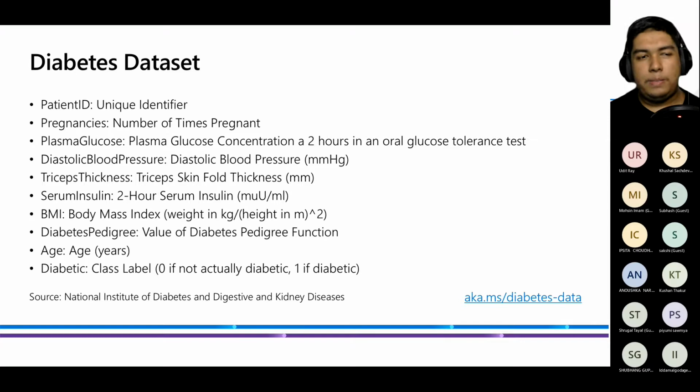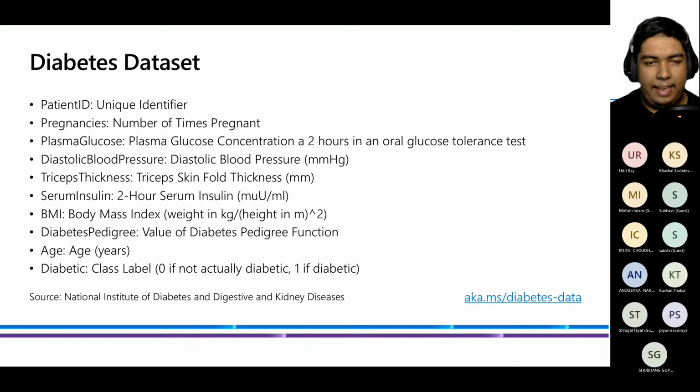Like, does this person have a type of diabetes or not? So all of this information is already there in our data set. So this data set can be found at this link, aka.ms/diabetes data, and we will be using this data set to predict whether the person might have diabetes or not.